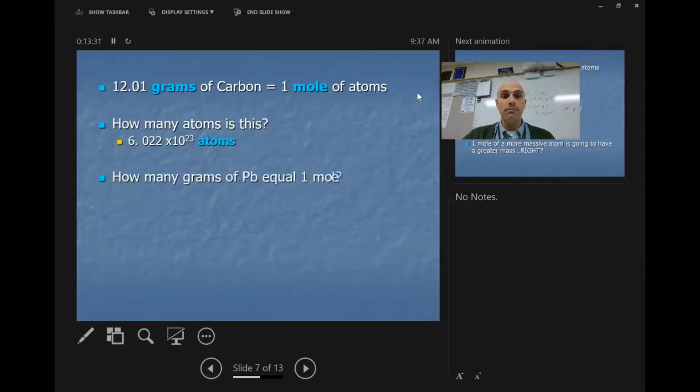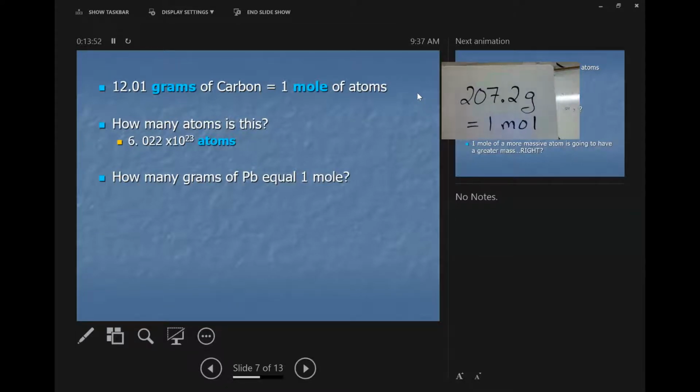So, do this one for me. Find lead on the periodic table, Pb, and I want to know how many grams of lead are in 1 mole. And if you said 207.2 grams of lead are in 1 mole, you're correct, right?